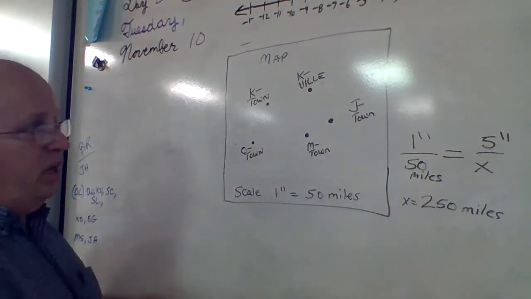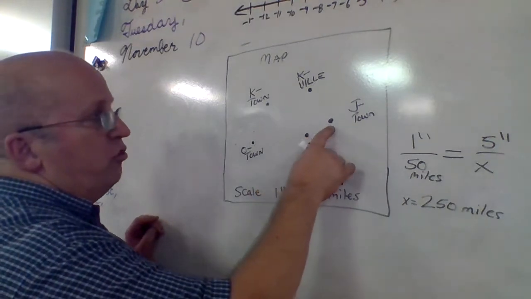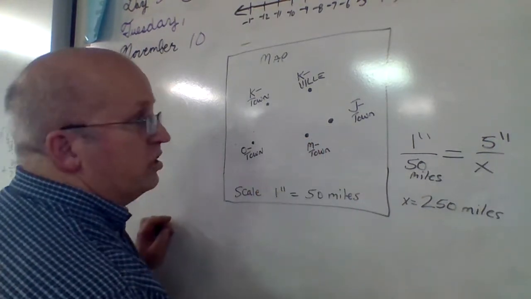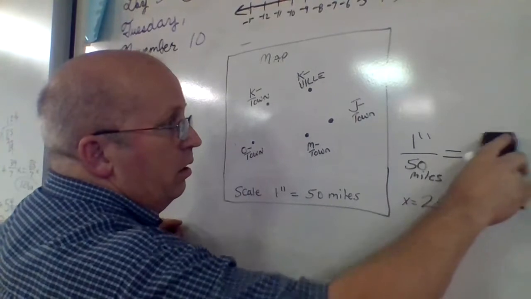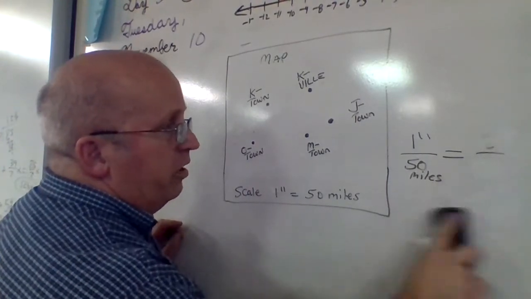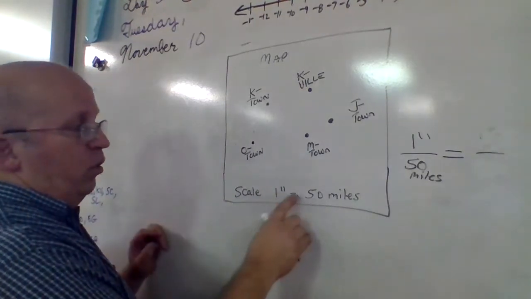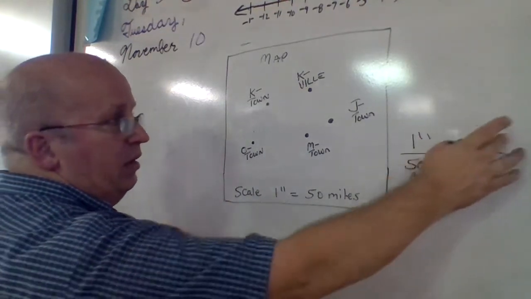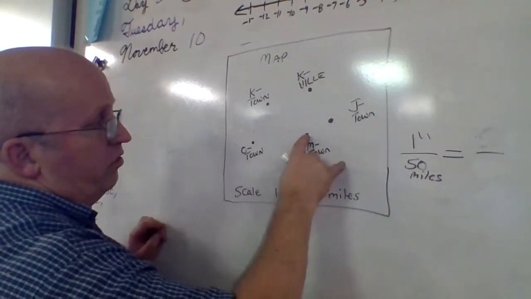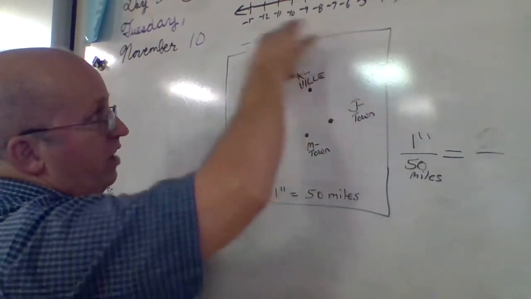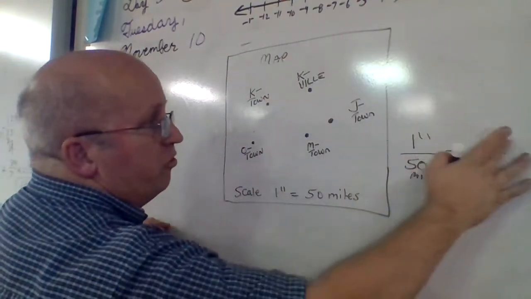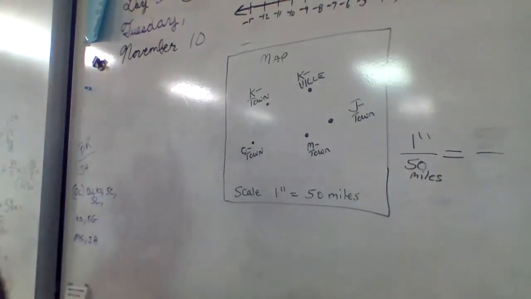Now let's take a look at Maxtown and Josiahtown. The problem isn't going to be much different. We're still going to use the scale of 1 inch to 50 miles. But now, the distance between Maxtown and Josiahtown on this map is 2 inches. Where do you think we're going to put that 2 inches, on the top or on the bottom?